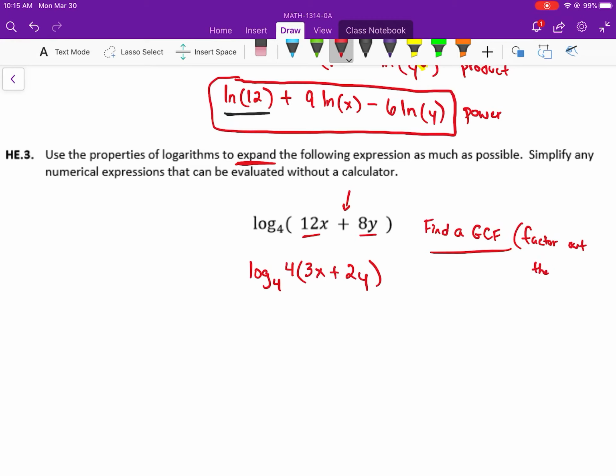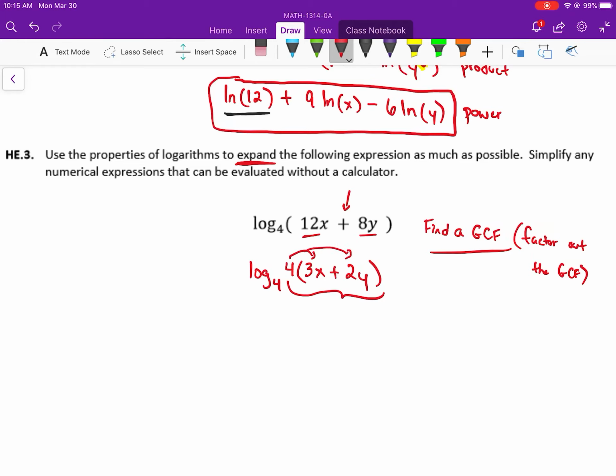All right, let me make sure I put a note over here. Factor out the GCF. Once it's found, make sure you factor out the GCF, okay? And that's exactly what we did. We factored out that 4.